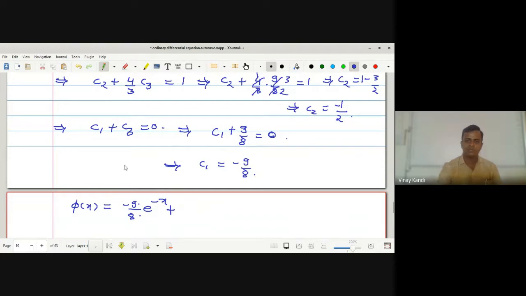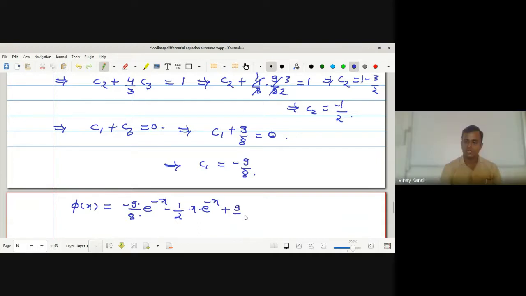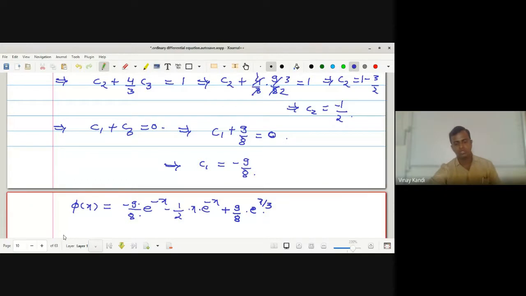What is the value of c2? -1/2. So here we get minus 1 by 2 into phi 2 of x, x e raised to minus x. Plus c3. What is c3? 9/8 into e raised to x upon 2, required general solution.